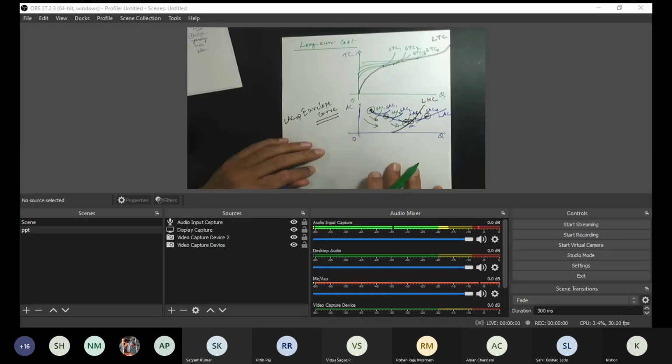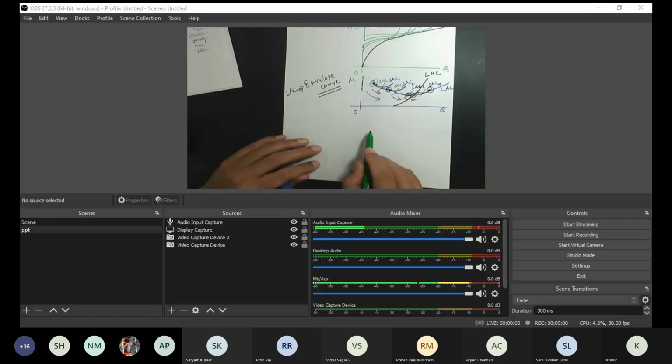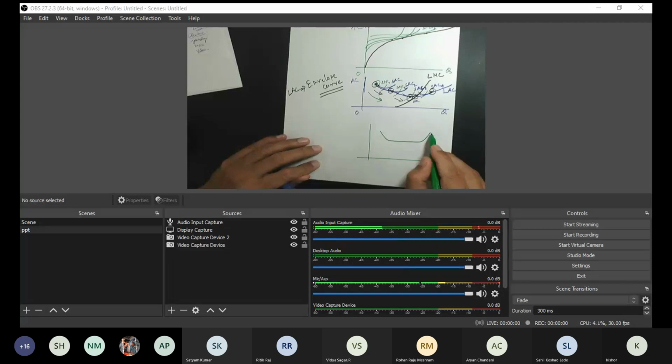So in the modern cost concept, what is happening with respect to, say, variable cost? The cost curve is something like that. It is bowl shaped. Modern cost concept. It's a short run average cost curve, suppose. Average variable cost, suppose. This is bowl shaped.